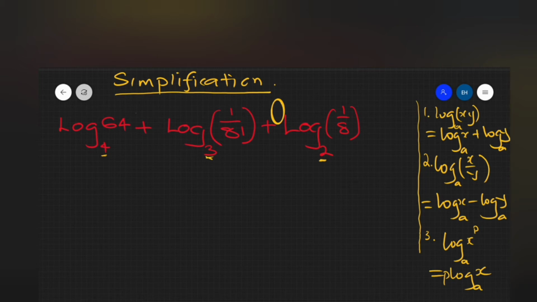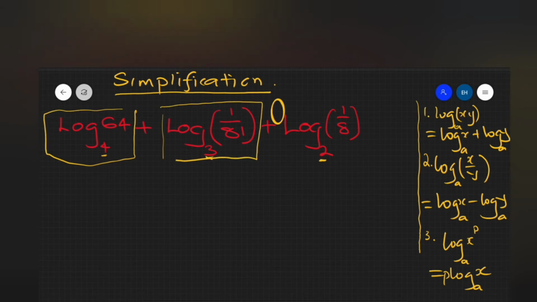We deal with this and maintain our positive sign there, and this one, and also this one. We deal with each separately, but we'll be maintaining our expression. And then the other thing we have to look at is the relationship between the base and the number.